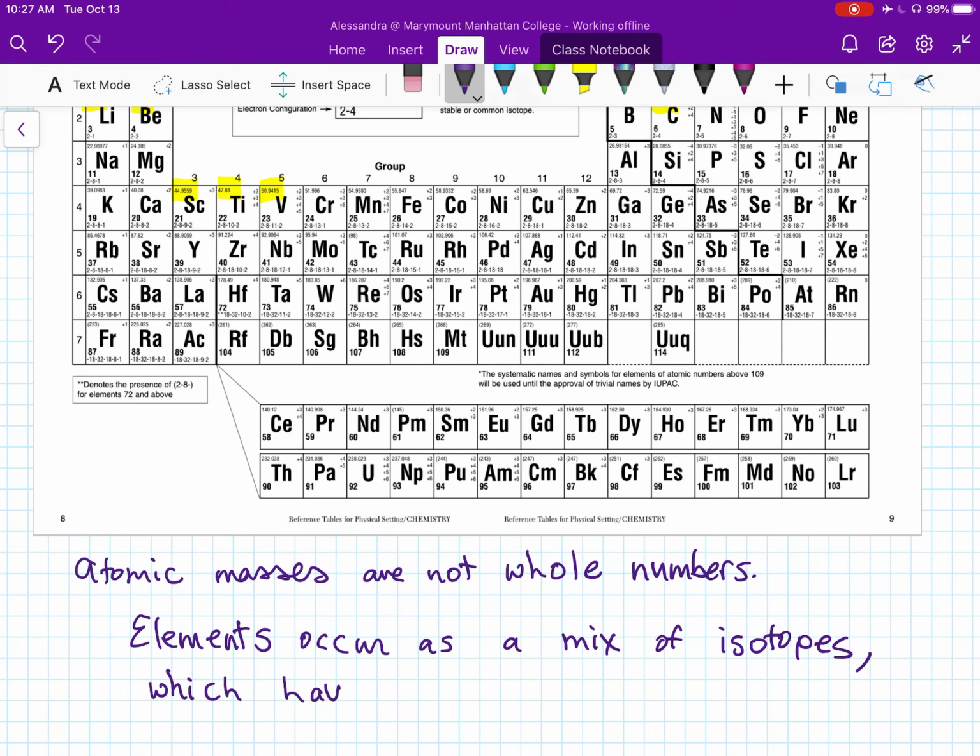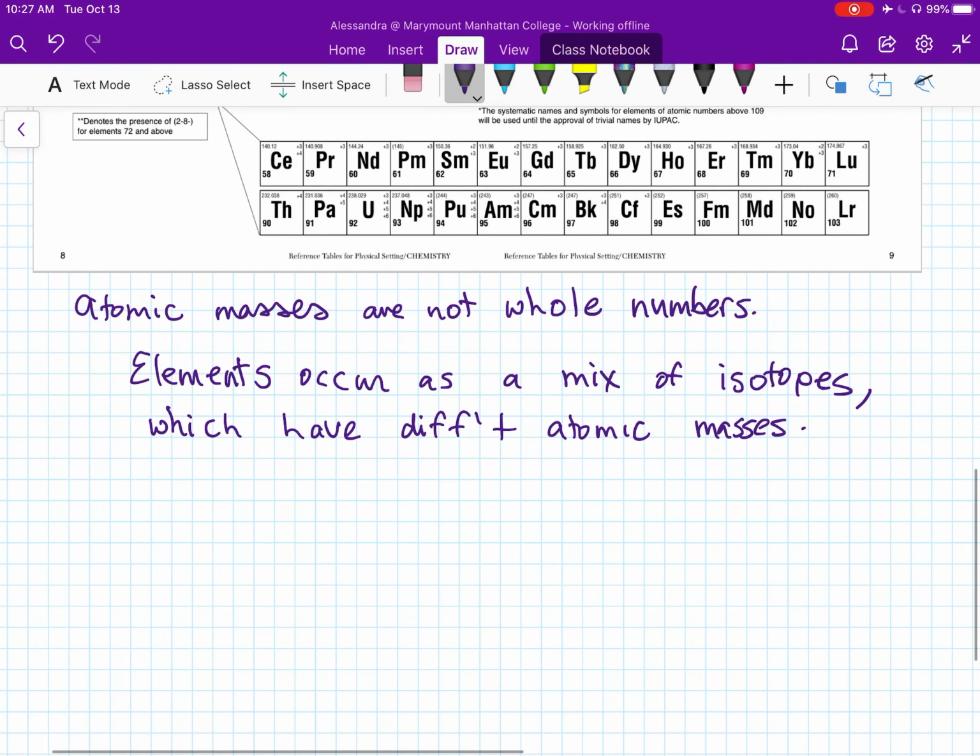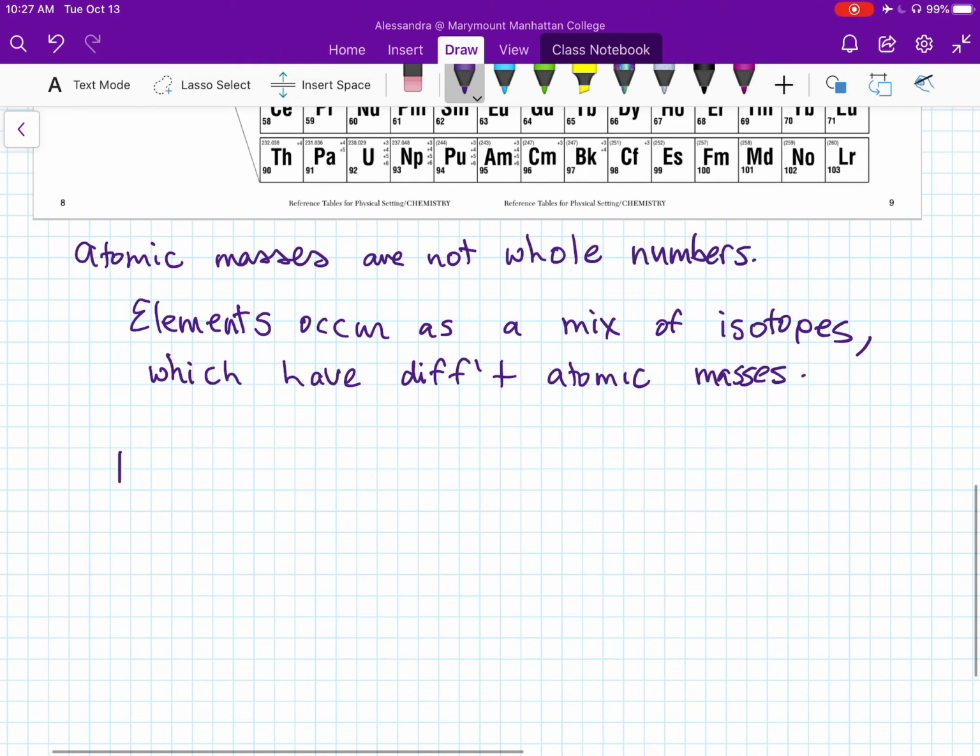So isotopes have different atomic masses. That's the definition of an isotope. Atoms of the same element with different numbers of neutrons, right? So isotopes are atoms of the same element with different atomic masses. The atomic masses on the periodic table are a weighted average.